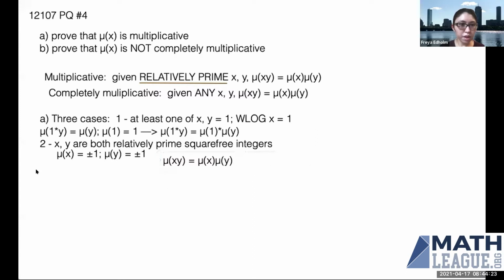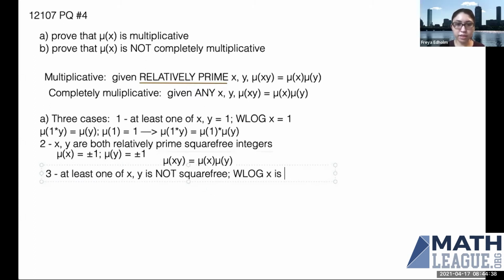And then case number 3, we have that at least one of x or y is not square-free. Without loss of generality, say that x is not square-free. Now, it's possible that y might be square-free or might not be, we don't know.